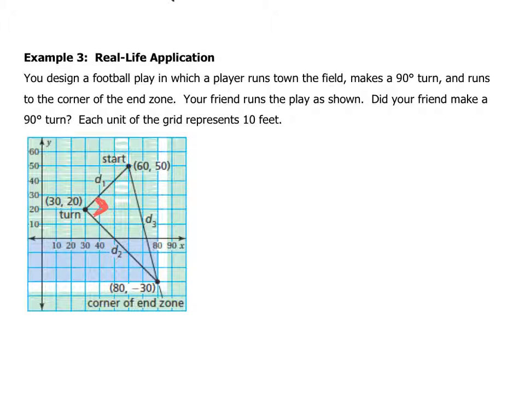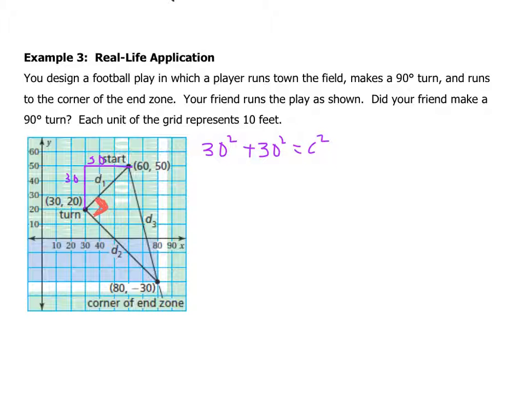So if I go up, it goes up 10, 20, 30, so that's up 30. And then right 10, 20, 30. So plug that into the formula. 30 squared plus 30 squared equals c squared.